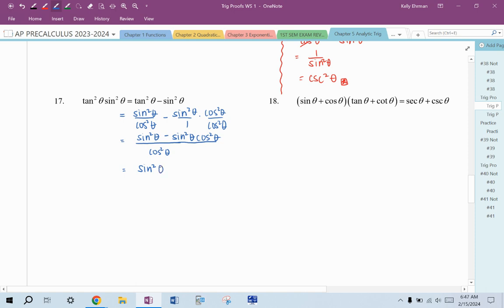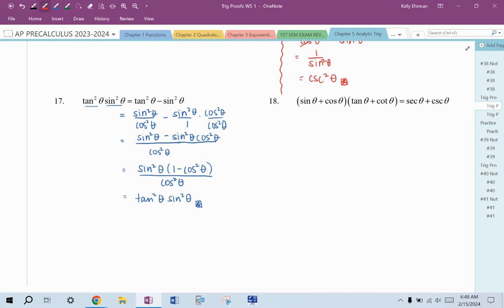Sine squared theta times 1 minus cosine squared theta over cosine squared theta. And always keep an eye on what you're trying to prove. You don't want to just keep blindly doing stuff. So look over here. Tangent squared we have, sine squared over cosine squared. And we do have sine squared as well because 1 minus cosine squared is sine squared. So sine squared over cosine squared is tangent squared theta, and 1 minus cosine squared is sine squared theta.